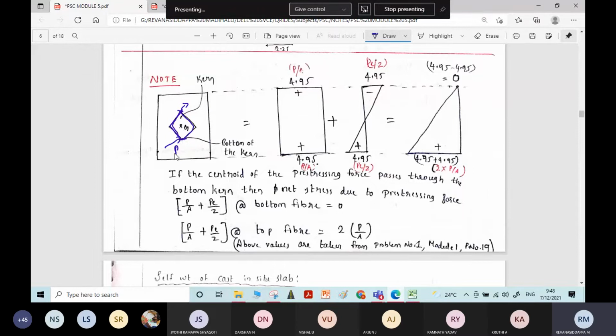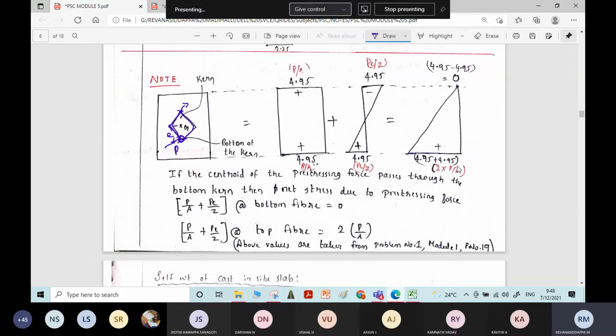Here the pre-stressing force is acting, means there is some eccentricity. But it is noted that when the pre-stressing force acts at the bottom of the curve, then the resultant stress due to the direct stress P by A and the moment due to the pre-stressing force P by Z will be equal to 0 at the top fiber and 2 times P by A at the bottom fiber.